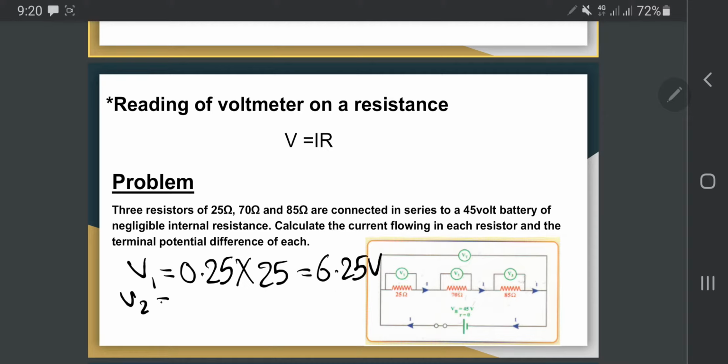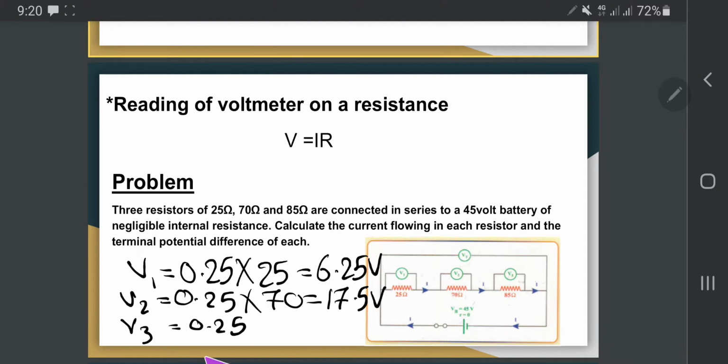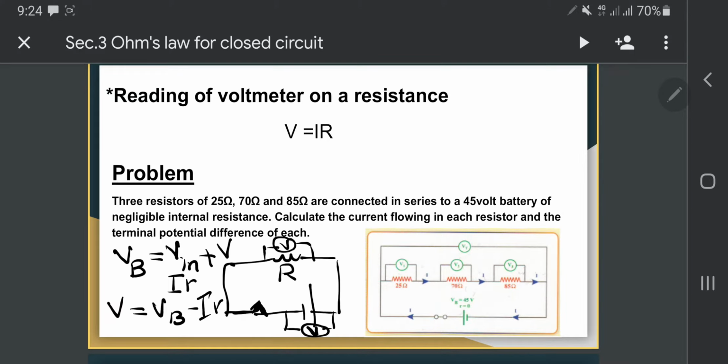V2 equals the current passing through resistance 2 times 70 ohm, equal 17.5 volt. V3 equals 0.25 current times resistance 85, equal 21.25 volt.